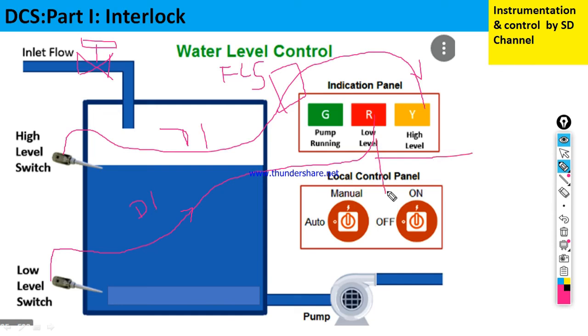For example, just take an NC contact or NO contact, depending on your plant philosophy. Suppose this level is high or low, the pump will stop, or the inlet valve will stop. So this way you can make an interlock in DCS also.